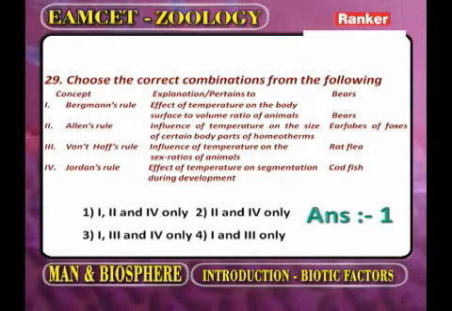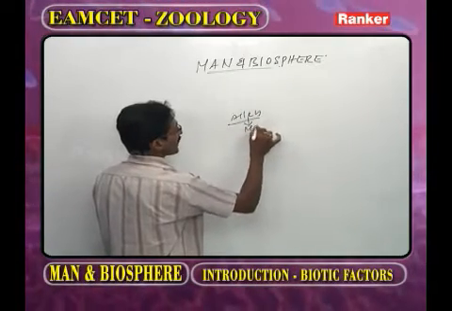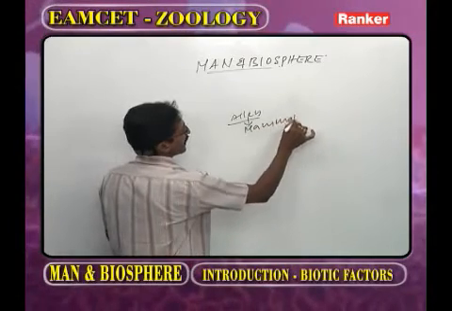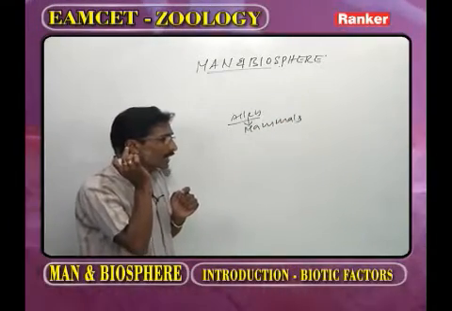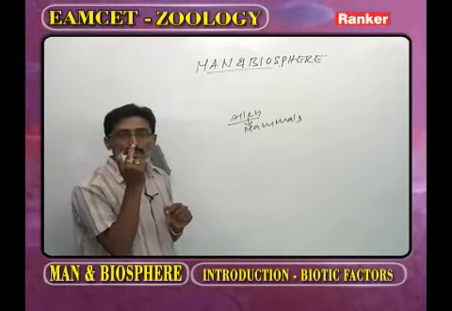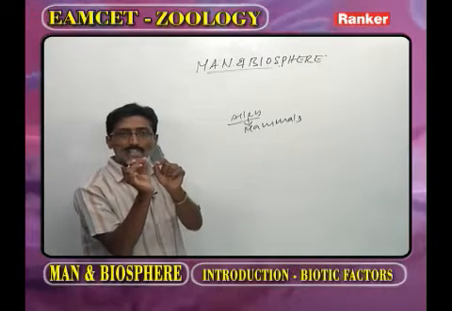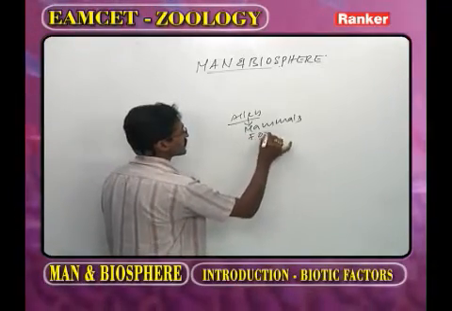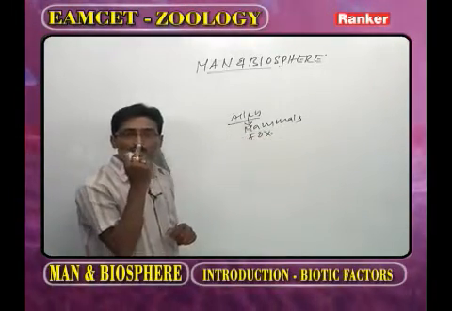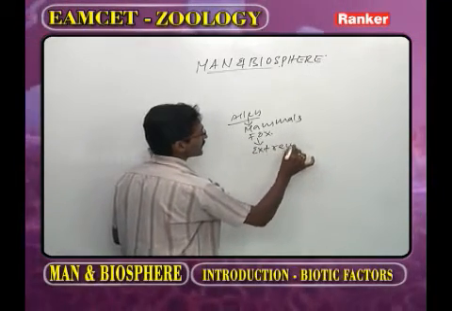rule is applicable only to mammals. According to Allen, the tip of ear, the tip of nose, the tip of forelimb, the tip of hind limb, the tip of tail of fox. Here, the tips are called extremities.